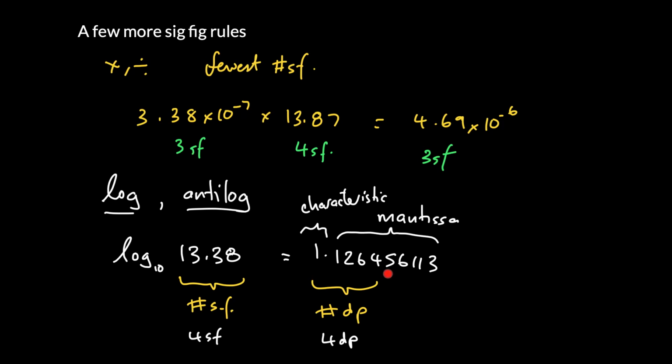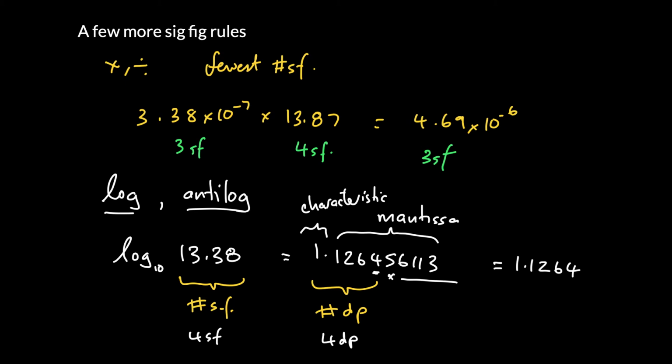And actually, that's one of our rounding situations here. The first number we're retaining is a 4, and that's already an even number. So when we round, we don't have to worry about rounding up. So we could write that as 1.1264. Now, if that number, instead of a 4, had been a 3, we would round it up to a 4, or a 5 would round up to a 6.